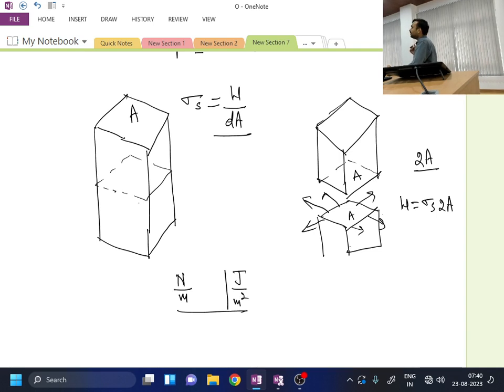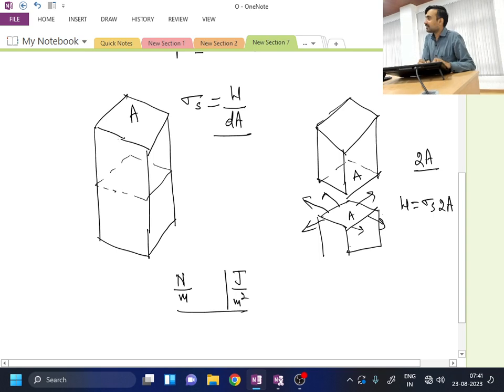Where will surface tension come? Surface tension will come only at the boundaries where, after the particular liquid, I have nothing but the presence of some other fluid medium. For example, if I take any molecule at the center, then around it everywhere it is having nothing but equal interaction from all the sides. So here there is no role of surface tension. So surface tension is actually completely balanced.